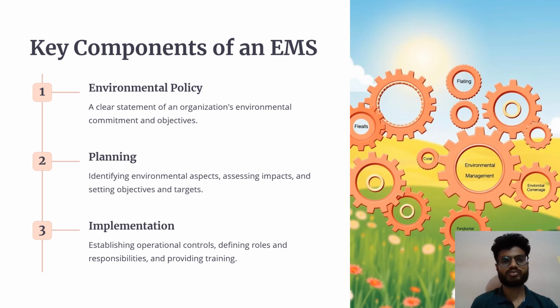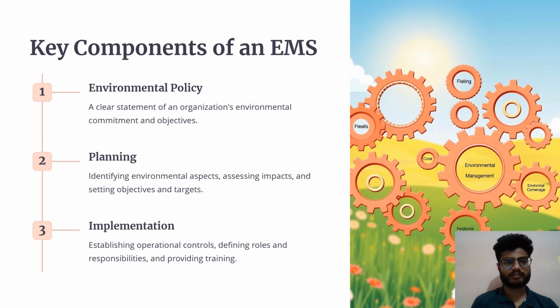So the key components of EMS include the environmental policy, a clear statement of an organization's environmental commitment and objectives. The environmental policy means some statements or a set of rules provided as the standard which must be followed.